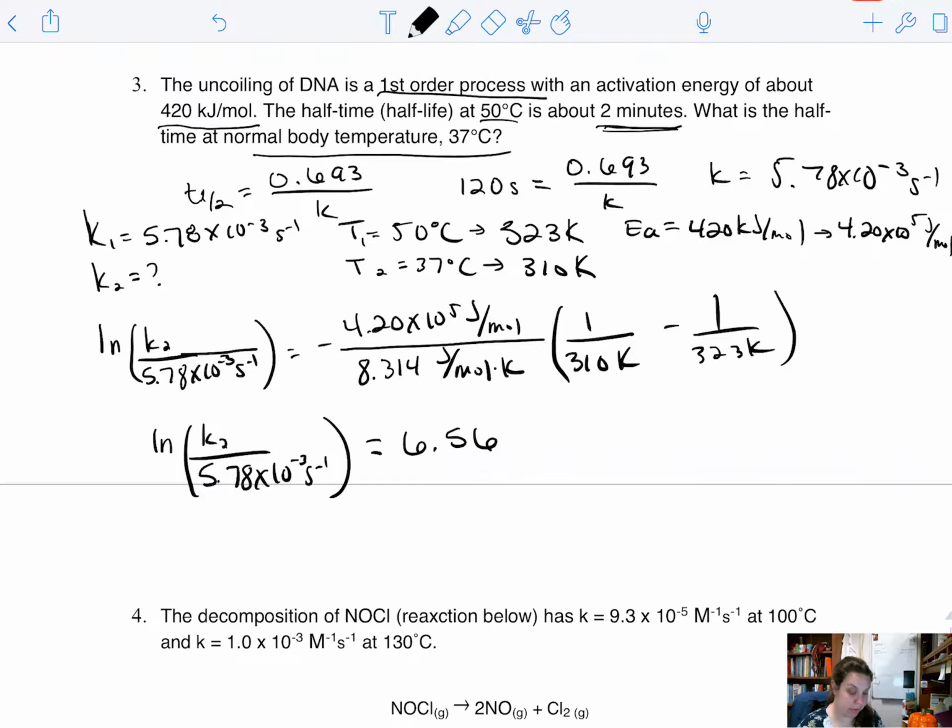I'm going to take e to both sides. And I get a value of K2 divided by 5.78 times 10 to the negative 3 is equal to 705.4. Multiply both sides by 5.78 times 10 to the negative 3.